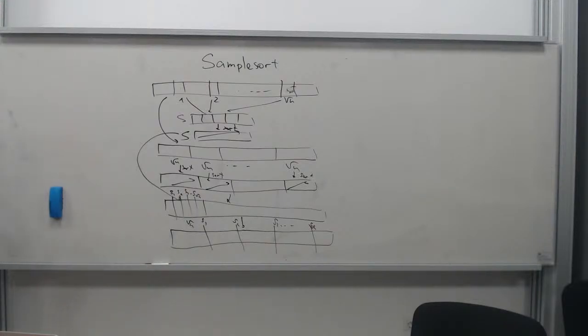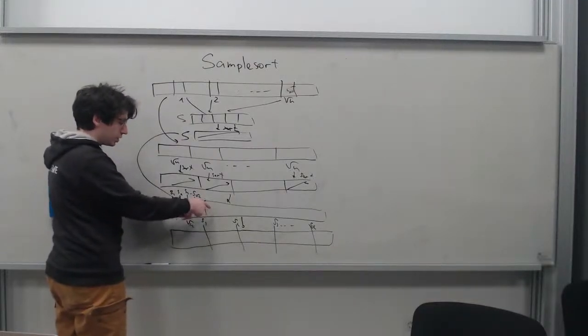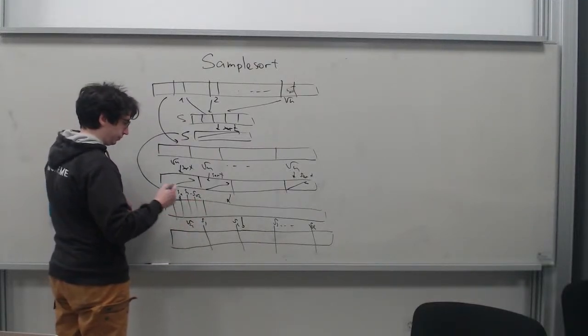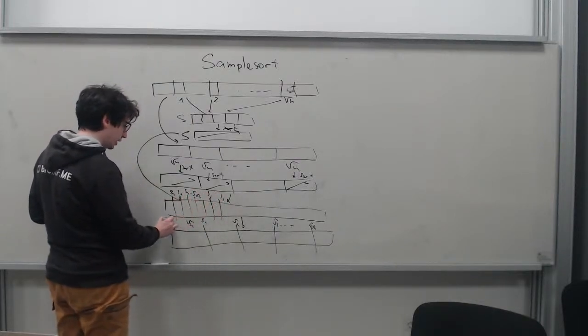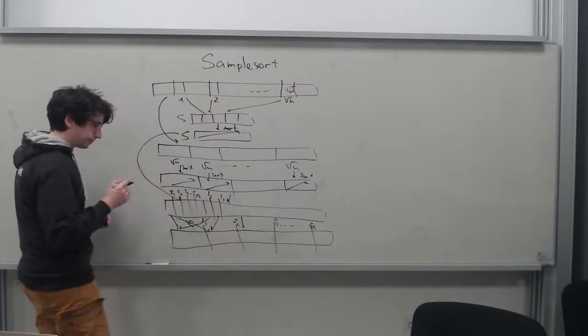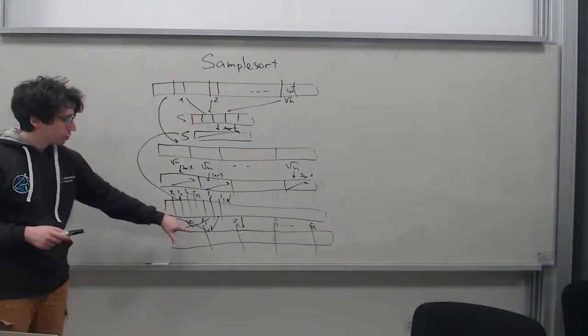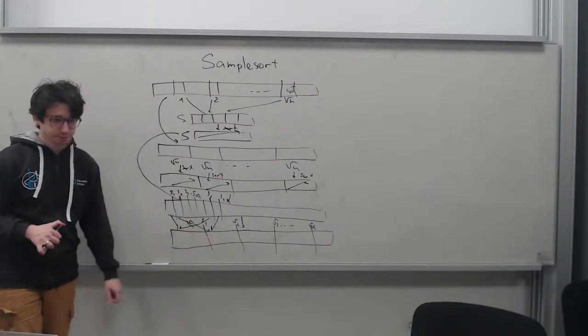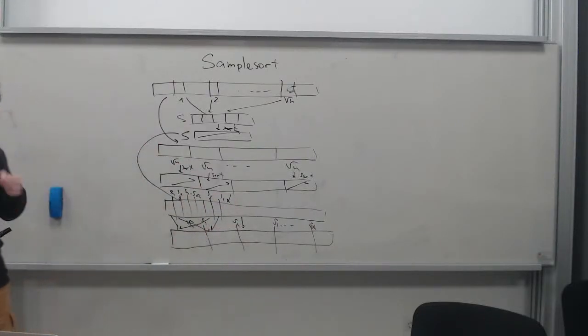So for each block, we want to take the parts that correspond to S1 and copy them here. This is S1, S2. So you take S1 and take it here. Then you take S2 and take it here, and so on. How to do that? For each element here, you need to know its position in this array. Any ideas how to do that?